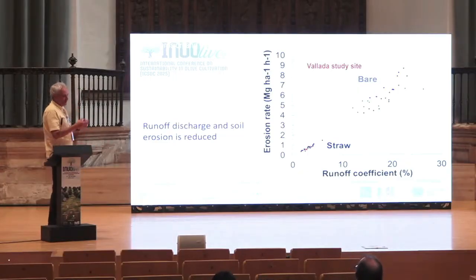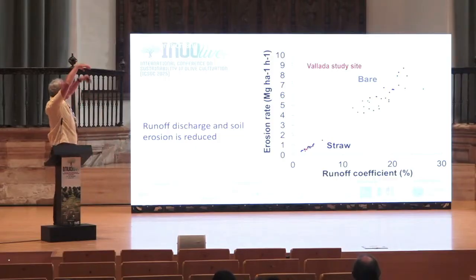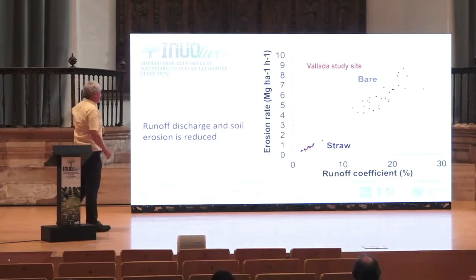Laws and Parsons were the two most important ones, and they studied the size of the drops and the kinetic energy, and they demonstrated that the impact of the rainfall drops is the most important factor. In fact, before the Laws and Parsons studies, rainfall simulators would put the nozzles on the floor. After these studies, everybody started to put the nozzles on top, because the drops need the kinetic energy.